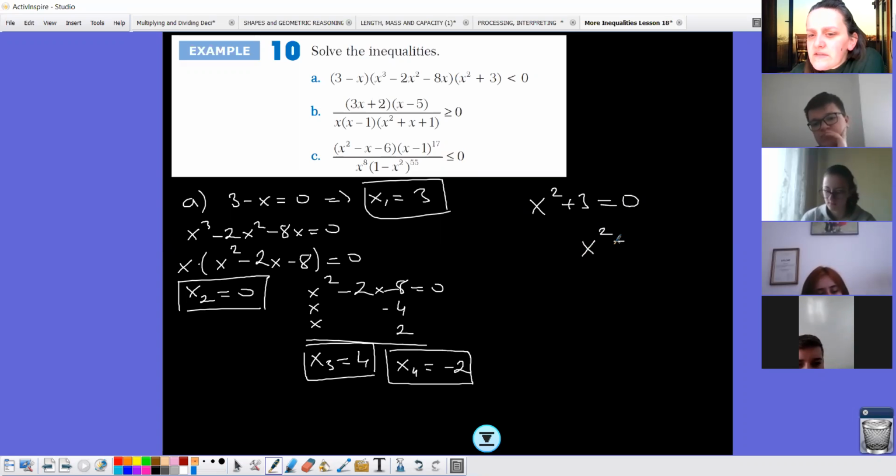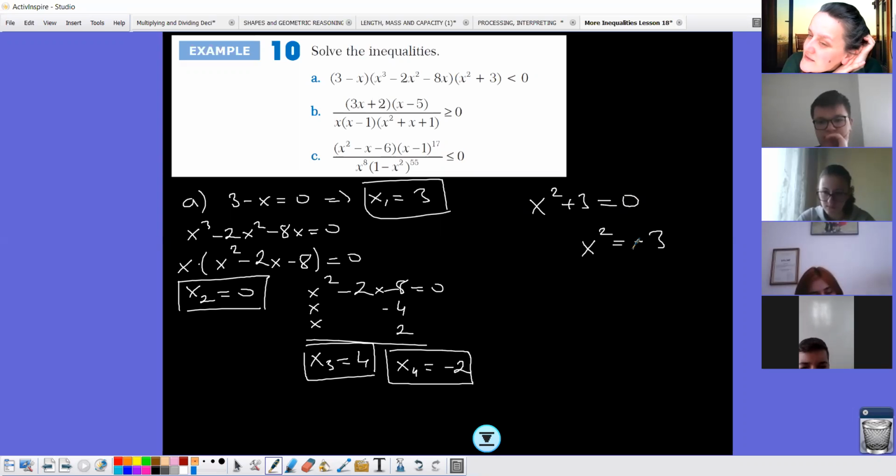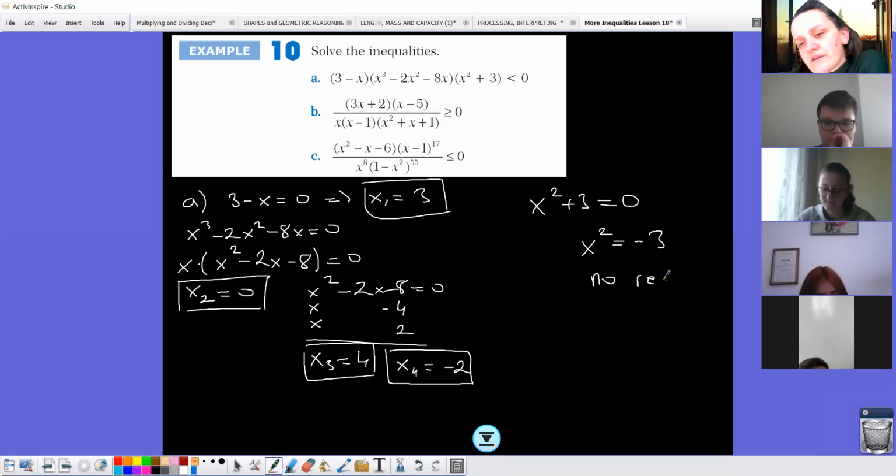X squared is equal to minus 3. Can it be possible? Can x squared be negative? Teacher, x is equal to root of minus 3. So root of minus 3, what did we say? No real roots, teacher. So for this one we don't have real roots.